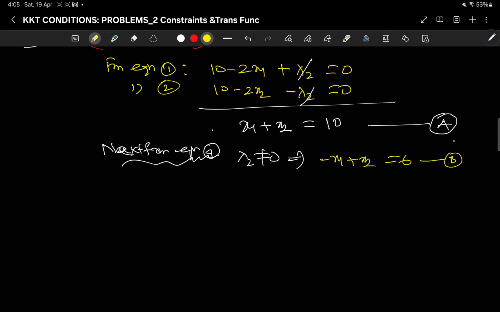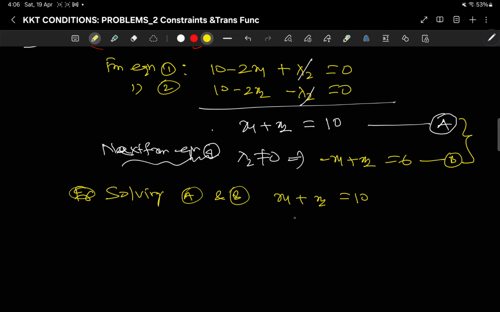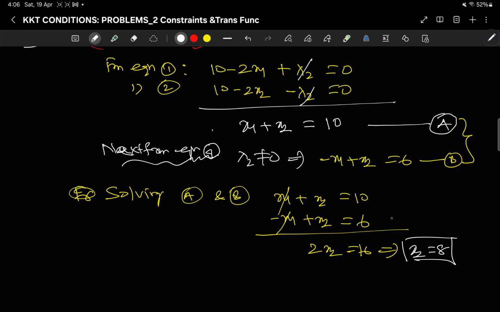Let it be my equation B. Now we solve A and B: x1 plus x2 is equal to 10, minus x1 plus x2 is equal to 6. If you simply add them, 2x2 is equal to 16, so x2 is equal to 8, right? With x2 equal to 8, x1 is equal to 2.